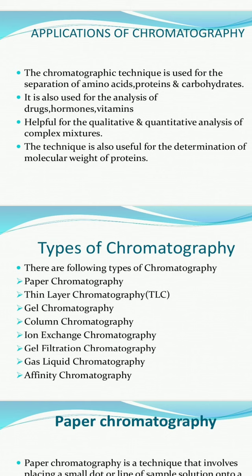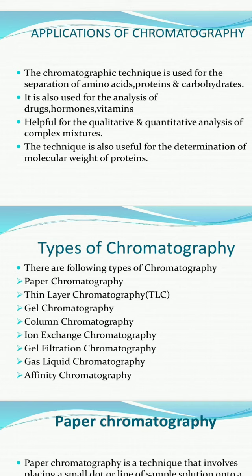So this technique is particularly used for particles containing different ions, either positive or negative ions. On the basis of ion exchange chromatography, different types of amino acids are separated, because you all know that proteins have different ions, and they act as a buffer in the solution.